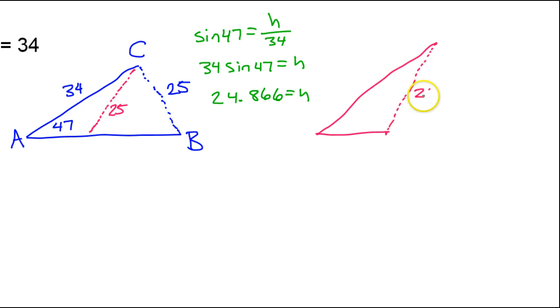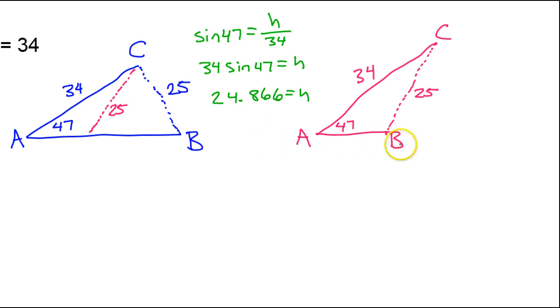Now we know that swing side is 25 and angle A is 47, and we know that the rigid side was 34. And so angle B will now be here, and this is angle C. Now we can't have different angles having the same name. Angle B and angle B, this is acute, this is obtuse, they can't be the same name.